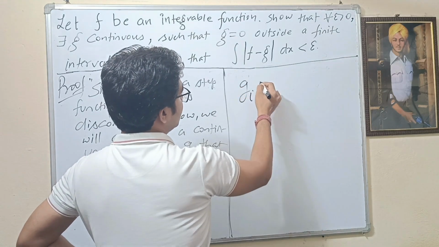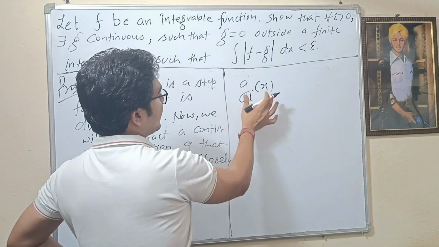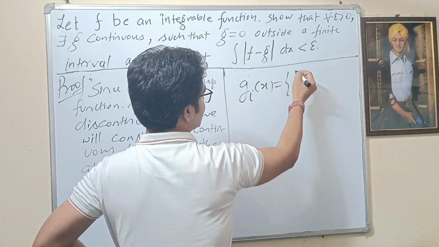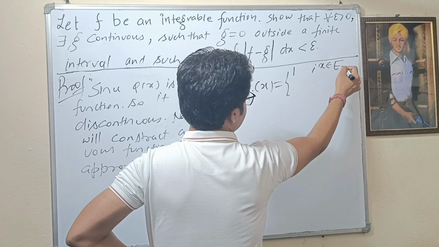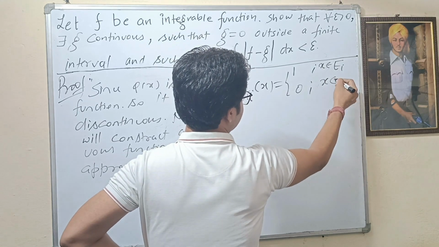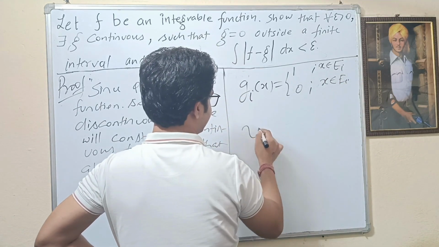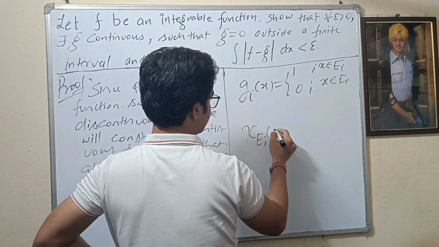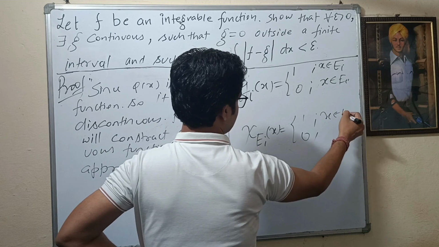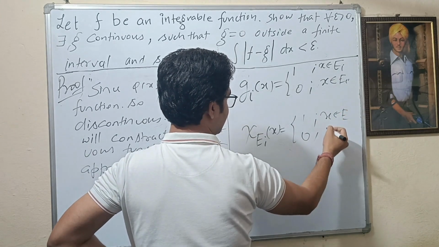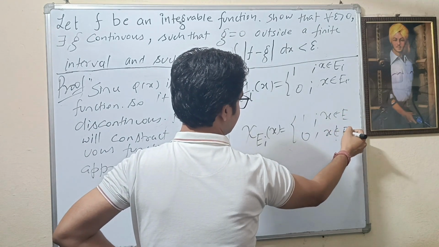Say g_i is a bump function, so g_i is also 1 on E_i and 0 outside E_i, and the characteristic function is also 1 inside E and outside it is 0.